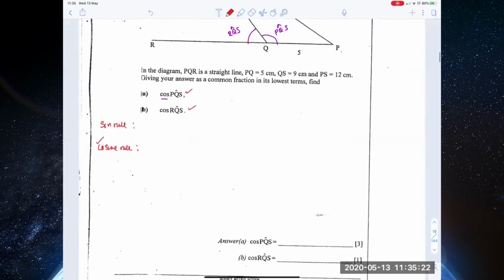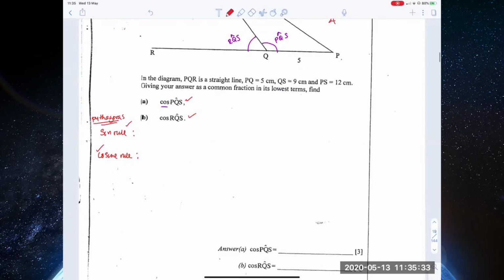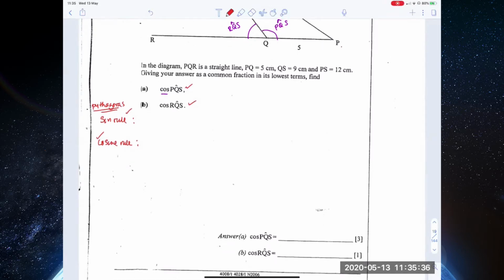Okay, but that's a decision you have to make. So first of all, you got Pythagoras, but you need to make sure it's a right angle triangle. If it's not a right angle triangle, then you want to try the sine rule. Okay, and what does the sine rule say? Do you remember?